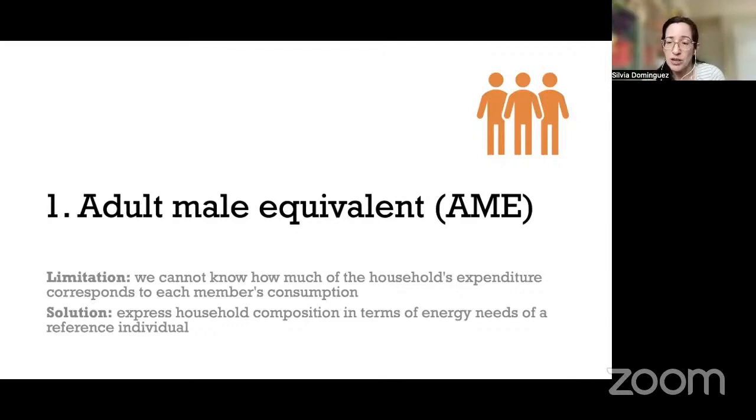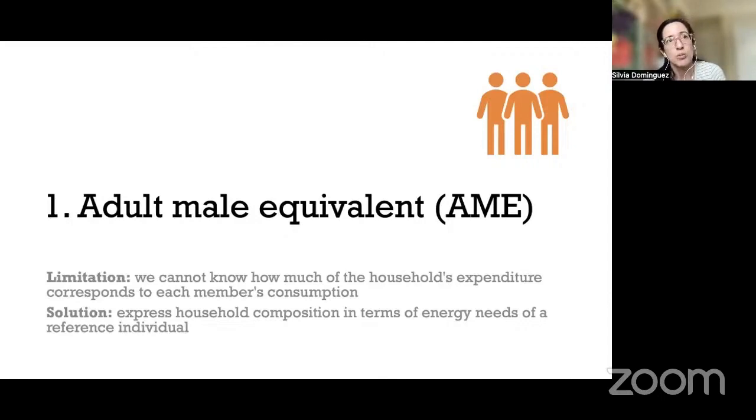We don't necessarily know what proportion of this expenditure corresponds to each individual in the household. So to overcome this limitation, what we can do is express household composition in terms of the energy needs of a reference individual that we will call the adult male equivalent, or as you'll see an abbreviation, the AME.